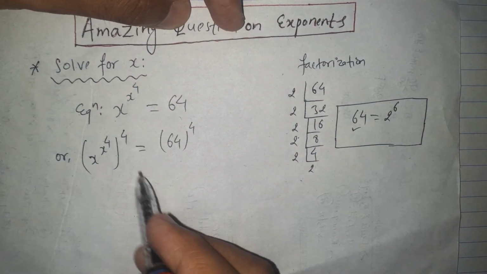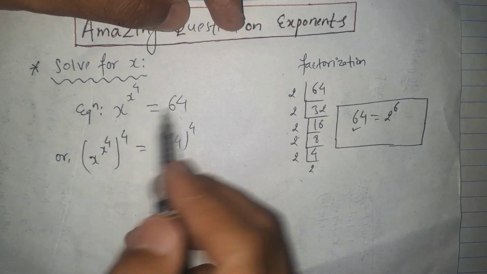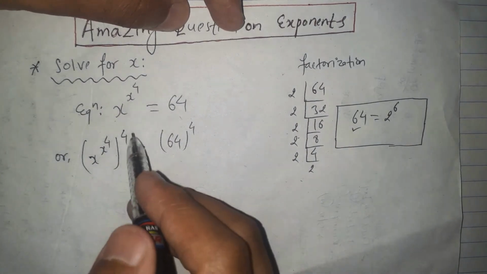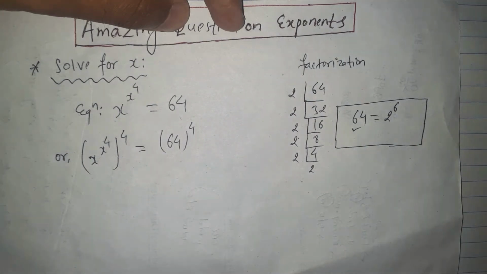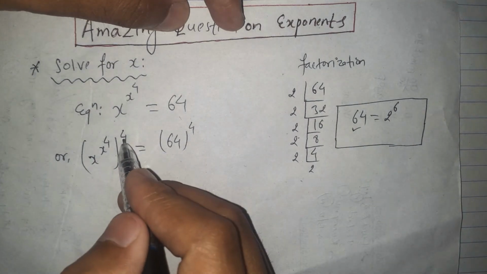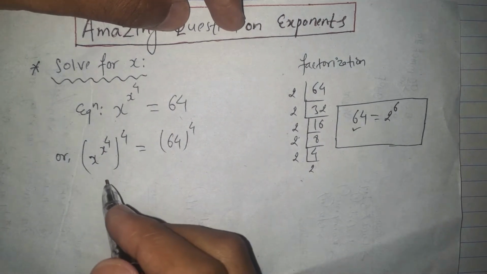Here in this step we just put the power 4 on both sides of this exponential equation.